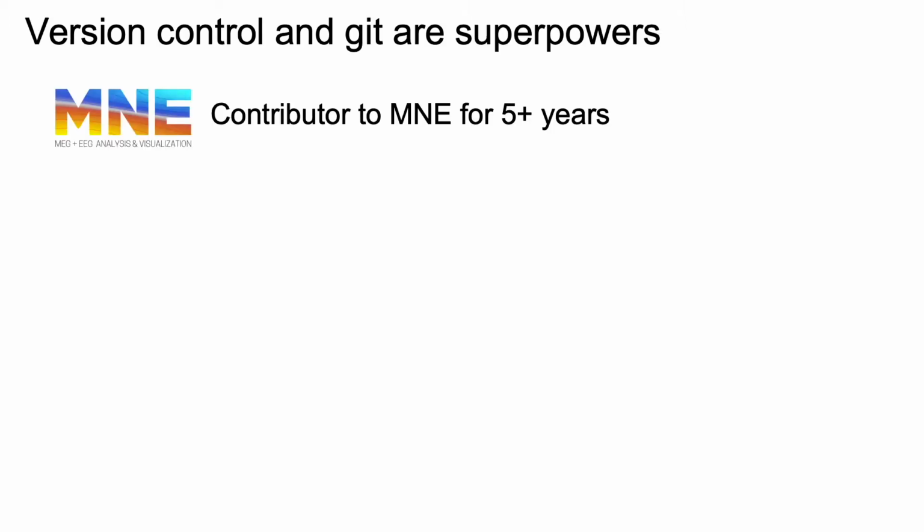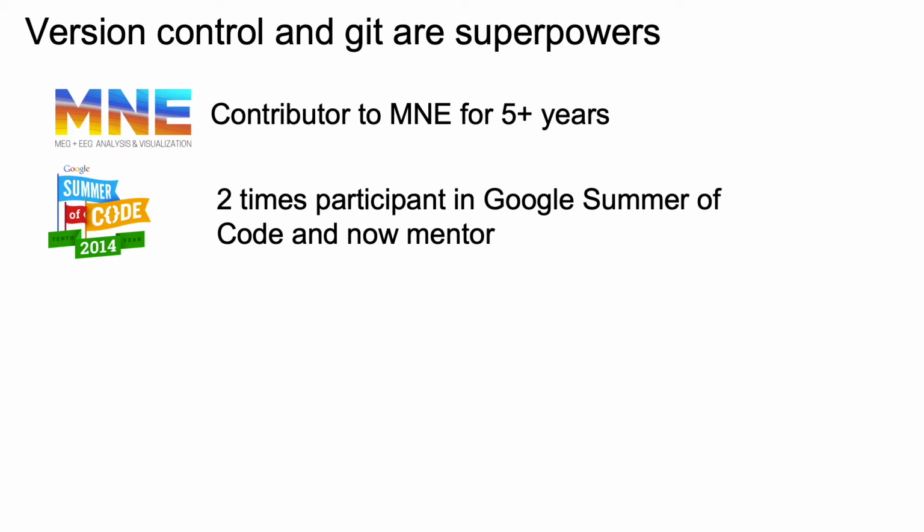All right, so just to convince you, I wanted to start with my own story with Git. I was also very much a beginner with Git, and I tend to think that it's kind of a superpower. I wanted to contribute to MNE, a popular software package, more than 5 years ago, and I didn't know any Python. I didn't know any version control. However, once I learned version control and Git, I was able to, first of all, contribute to many other software packages.